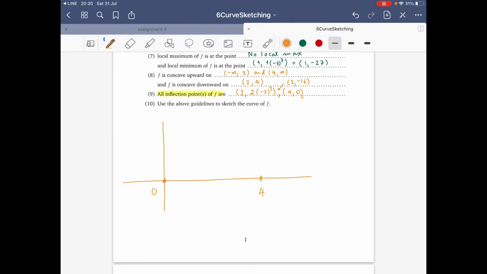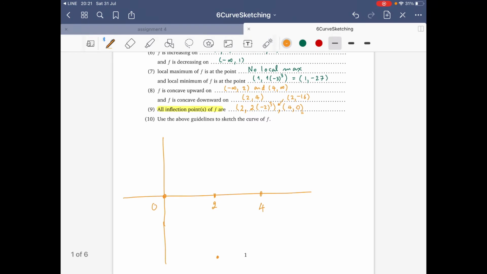All right, and at 2, okay, it will be negative 16, so it will be all the way down somewhere here, and at 1, so it may be at 1, okay, it will be all the way to negative 27, right? So at 2 will be negative 16, so it's somewhere here, okay?